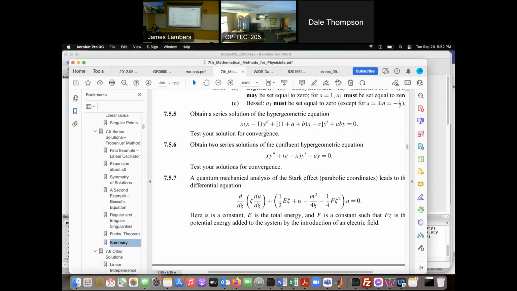Now, in the s equals 0 case, you got a reasonable recurrence relation, like to describe a_{j+1}. What sort of form do I have in mind for this solution?